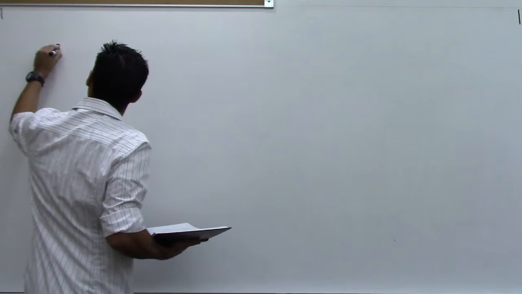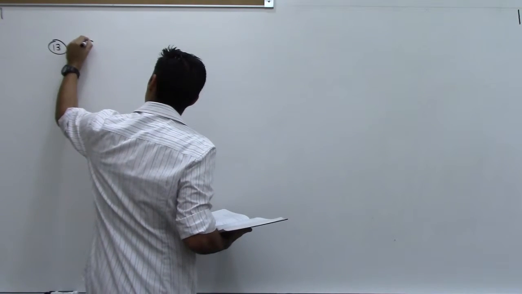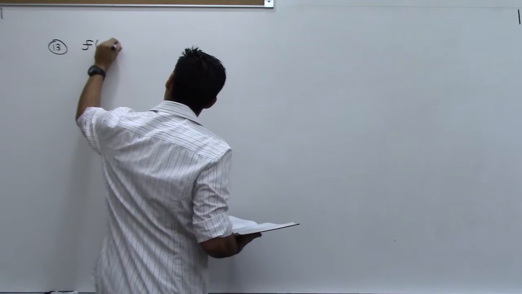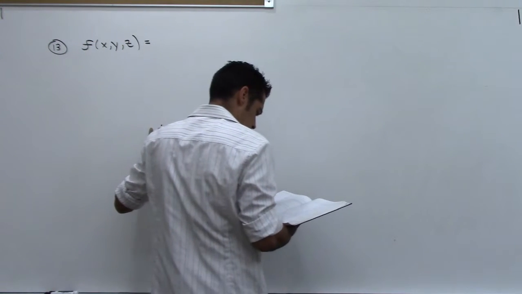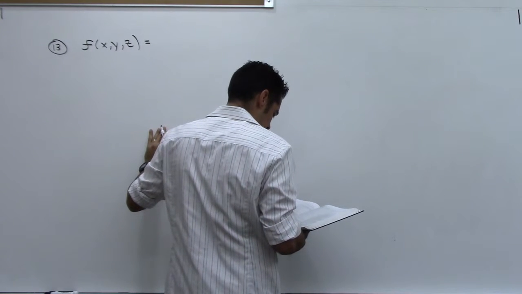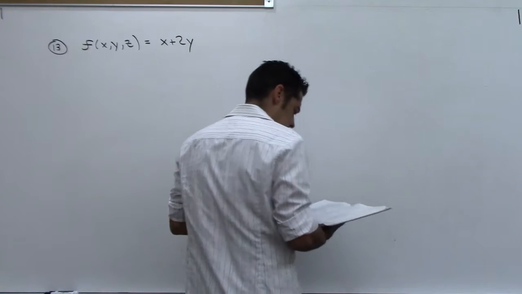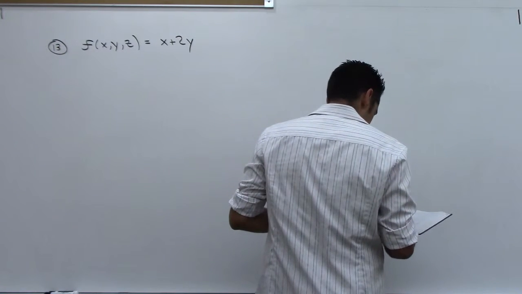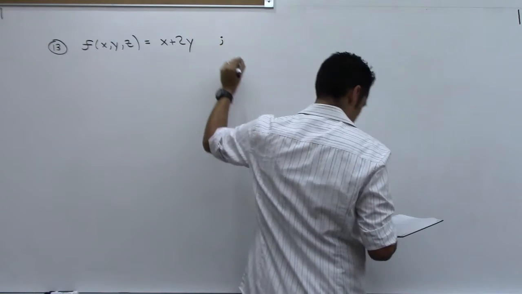So number 13, we have a function of 3 variables, f of x, y, z equals x plus 2y. That's it. There's no z in there. So z is free. And now you're given 2 constraints.